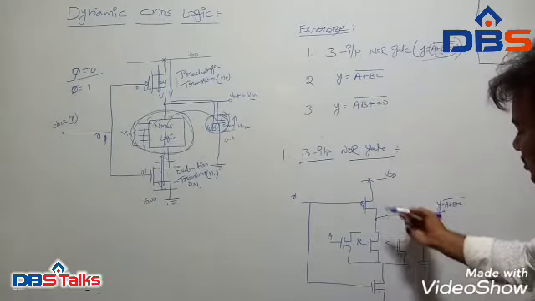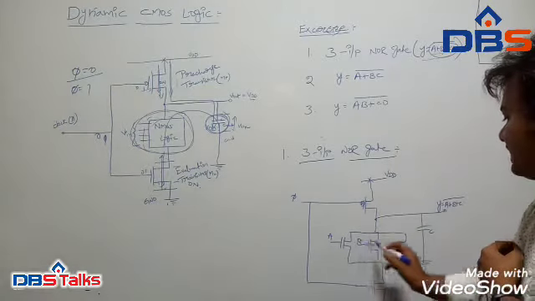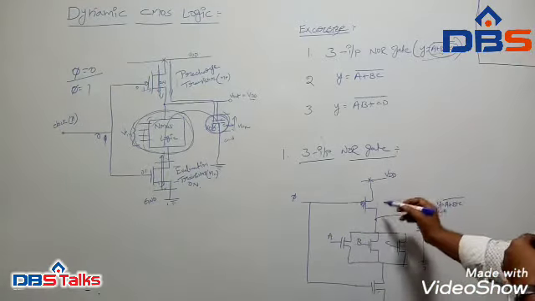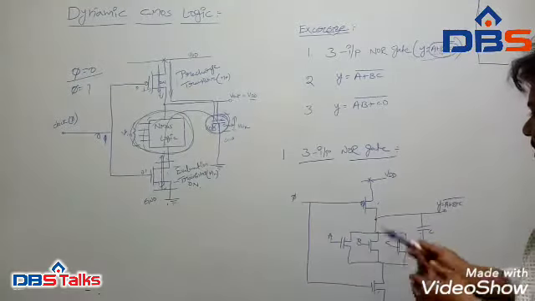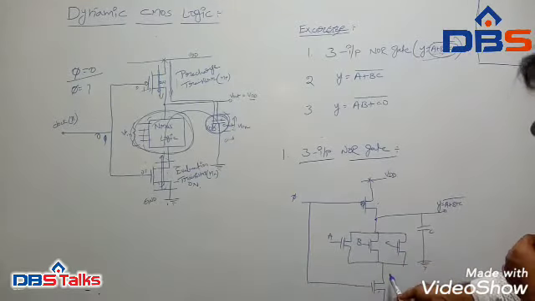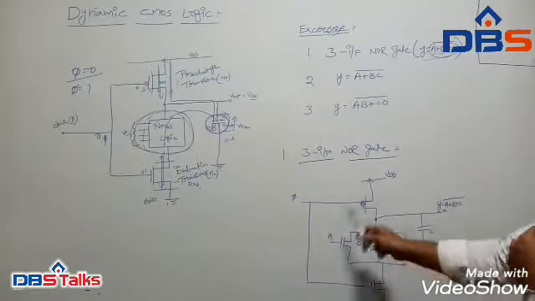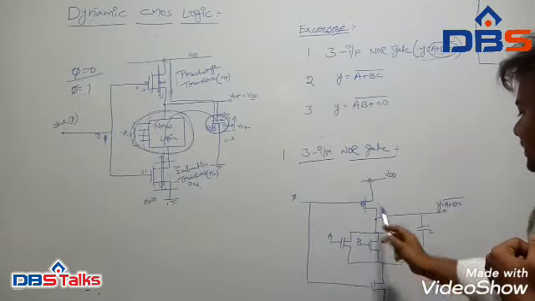In between pre-charge and evaluation mode. So whenever we connect it, the pre-charge transistor is present within the design and the evaluation transistor is present within the design, because we are implementing by using dynamic CMOS logic.